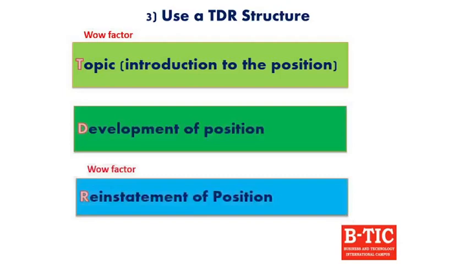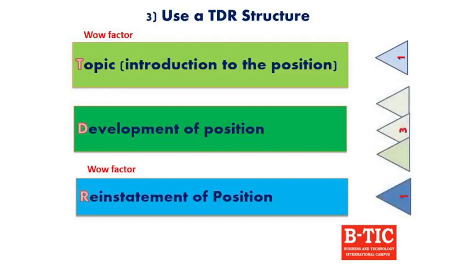Now, when I talk about the topic, you will be introducing your position to the audience and you'll be using 1 paragraph for it. And number 2 is development of position. Here you may be using 3 points to establish your position on this question. So 3 paragraphs there. And finally, you'll be using 1 paragraph to emphasize your answer, to argue your answer that this is the right position, this is the position based on this evidences, using 1 paragraph.